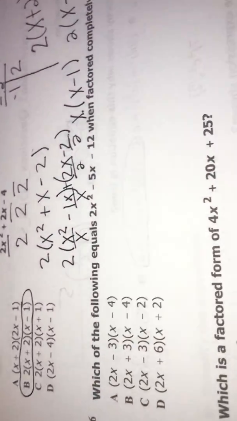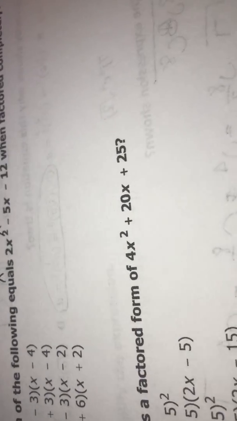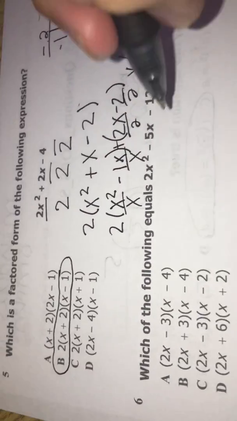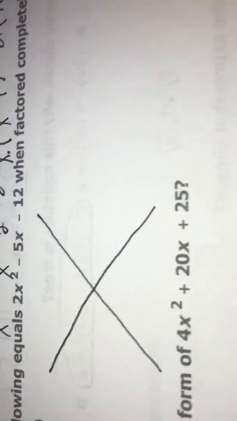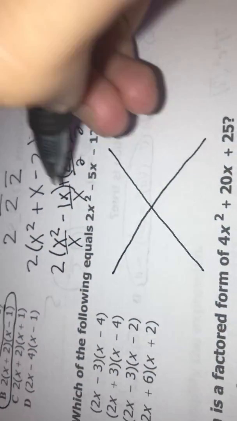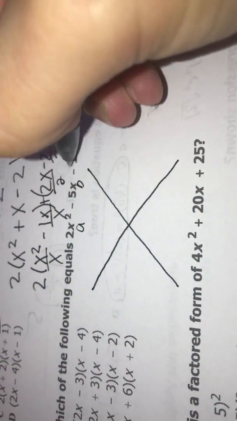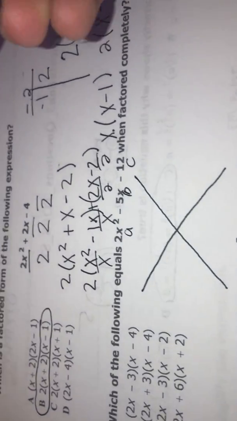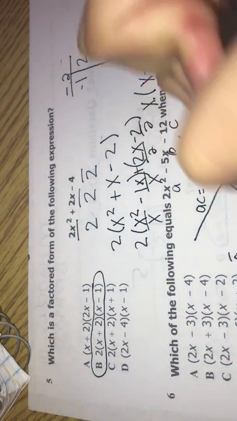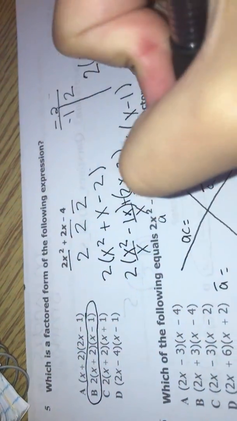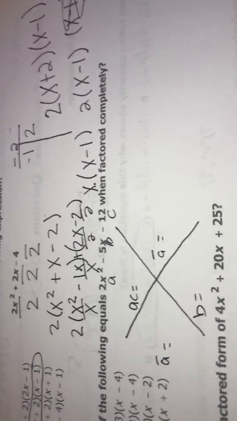Okay, so for number 6, we're going to solve this one by using the X method. And the X method is just where you write out the problem and an X just like that. But first, we're going to label the numbers A, B, and C. Okay, and so now we fill in the X. AC over A, B. And to get these numbers, we just look at our original equation.